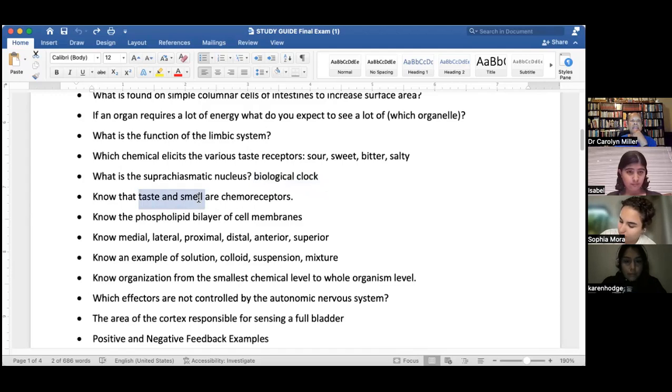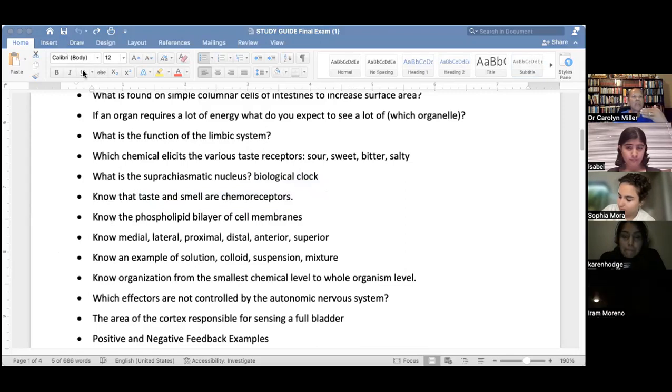Know that taste and smell are chemoreceptors. What that means is that the chemical will elicit or transduce to elicit a response and action potential in the body. And that will only occur if the chemical is in solution.